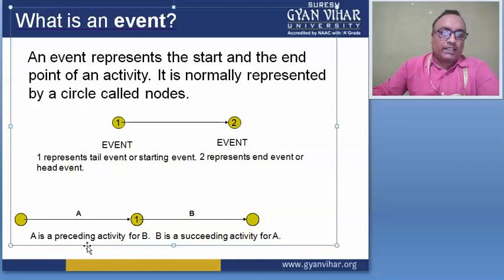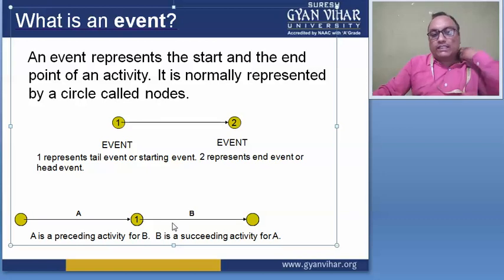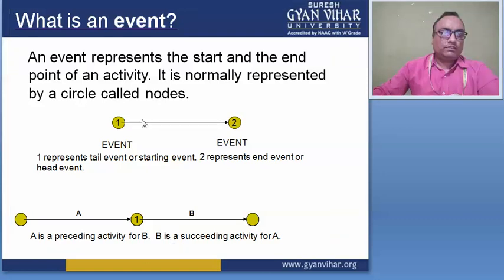So A is the preceding activity and B is the succeeding activity. For A, B is the succeeding activity, because the alphabetic order shows ascending order. So these are the different points of events and activities for the network flow. Then we move to the next slide.